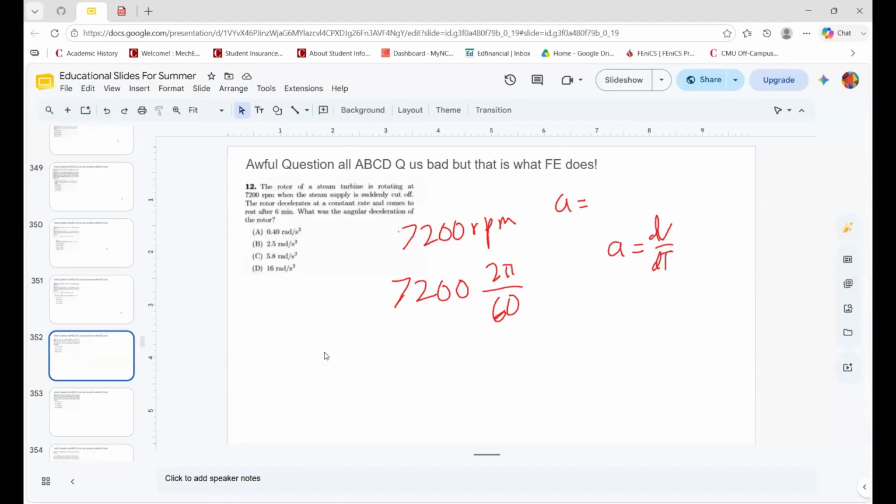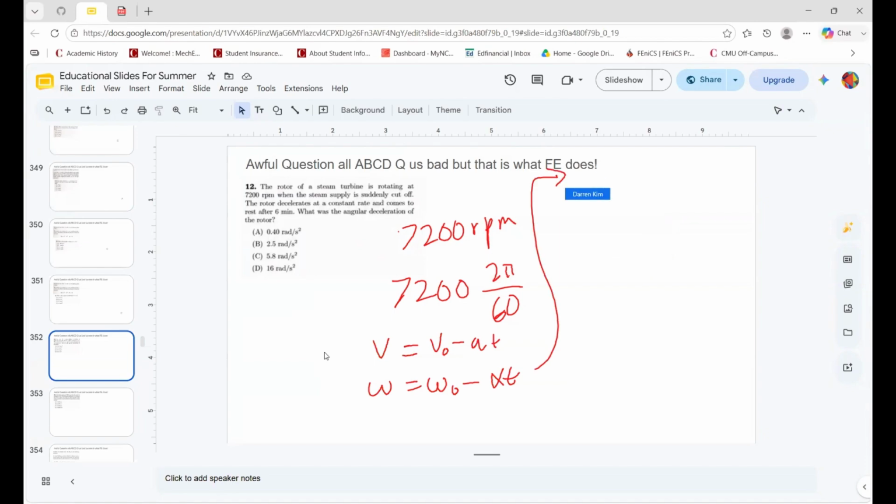So what was the angular deceleration of the rotor, which is basically alpha, to figure out. And how we do it is basically V equals V, you remember this equation? There's an omega equals omega 0 minus alpha t version. It's the same equation, same thing. Now you put it in here and you should be done. So basically omega final is 0 equals omega initial, which is 7200 times 2 pi over 60, minus alpha t, right?